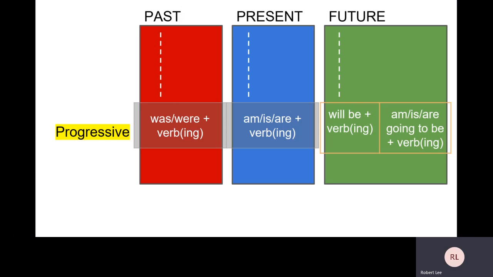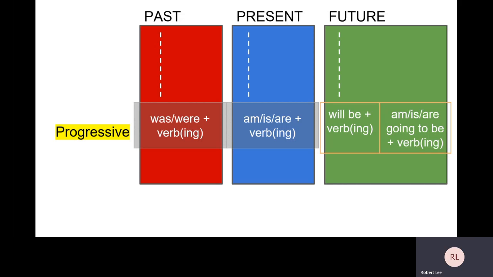So how do we make the progressive tense? In a sentence, for the past progressive tense, you would use the be verb first, was and were, and then you would add your verb with ing. In the present progressive tense, you would use your be verbs am, is, and are, and then add your verb and ing.